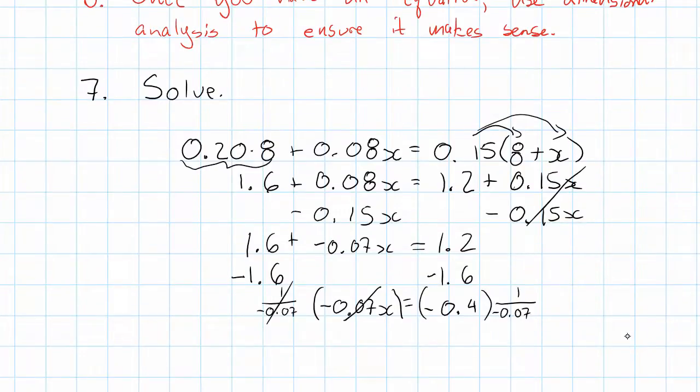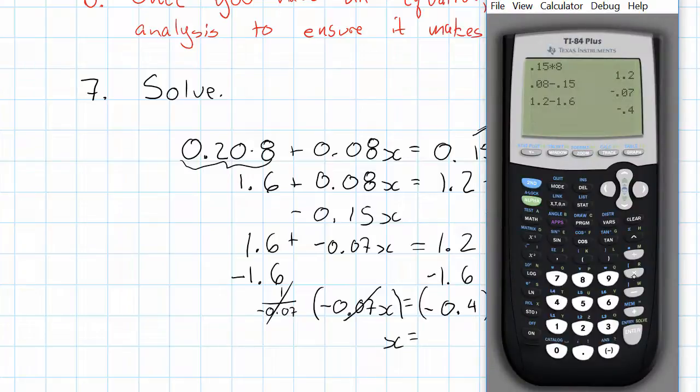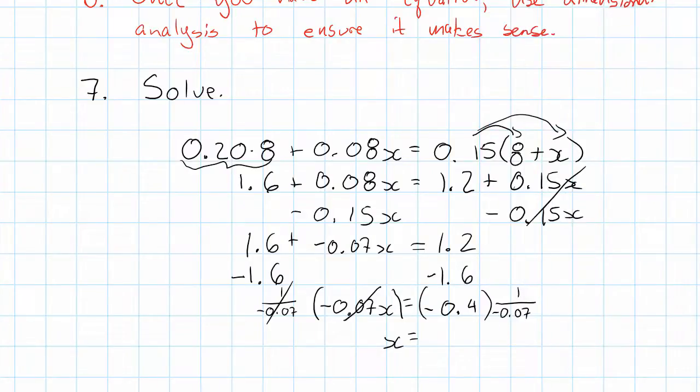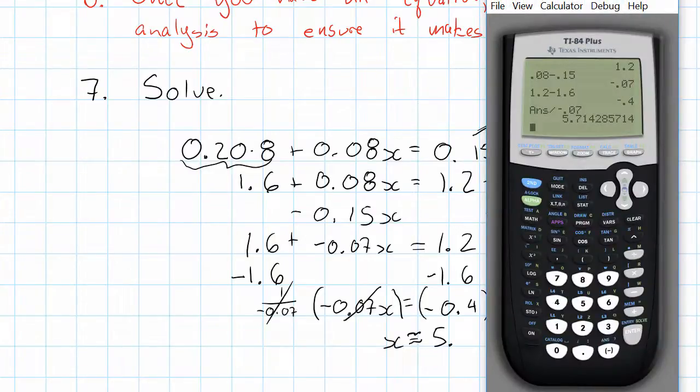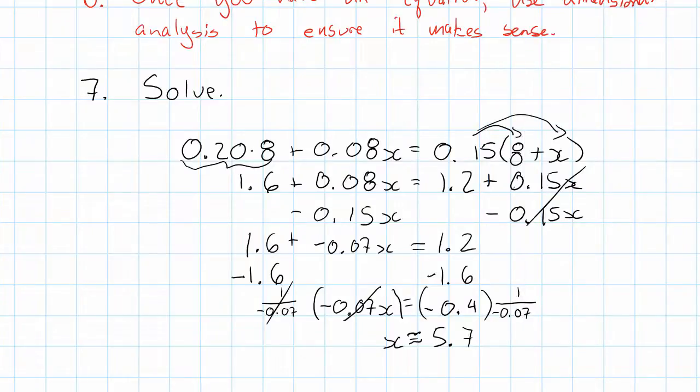Those will cancel, and I'm just left with x. My 0.4 over negative 0.07 is about 5.714 dot dot dot.